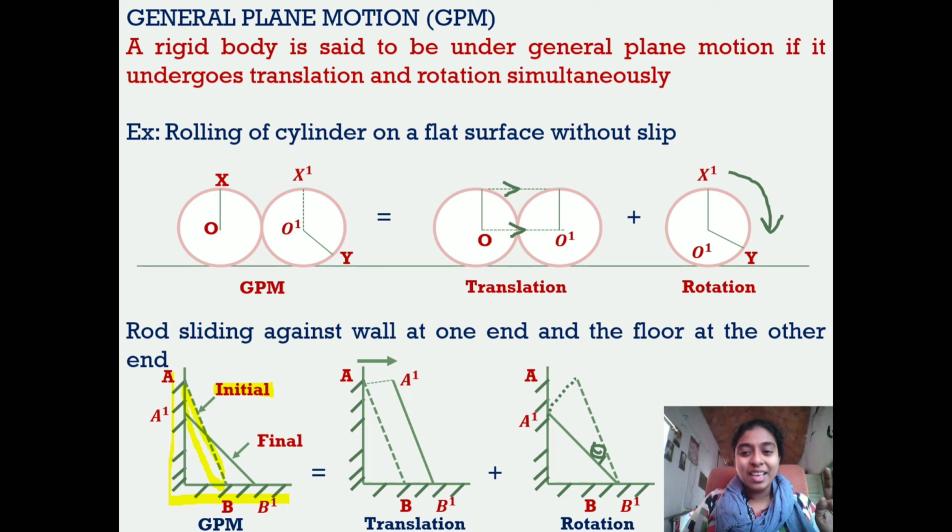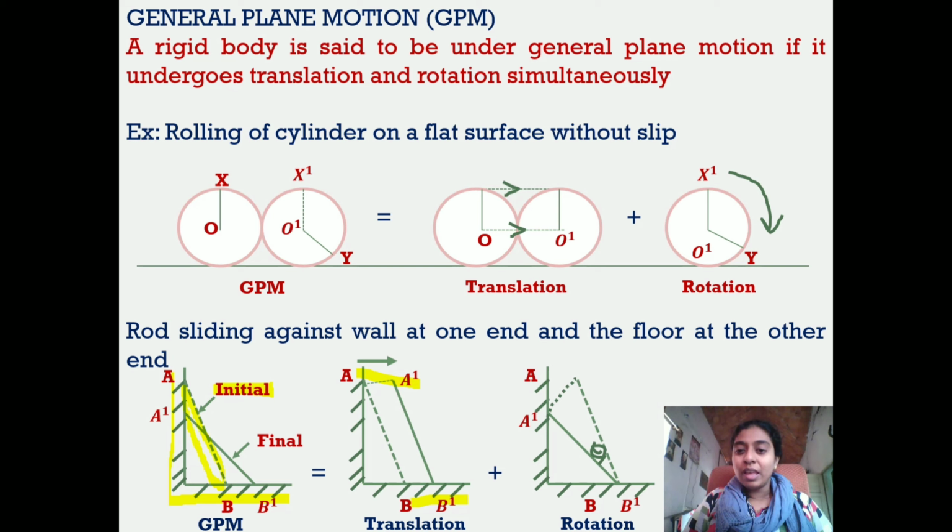Now it is subjected to both translation and rotation. When it is subjected to translation, position A is moved to A dash and B will be moved to B dash, in linear motion.